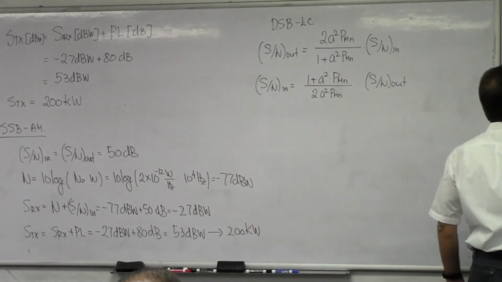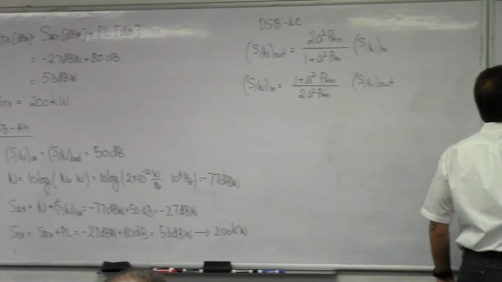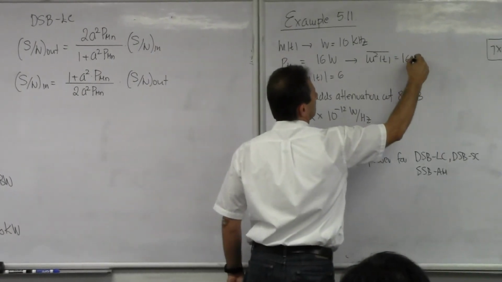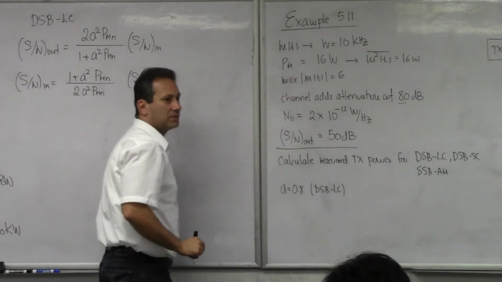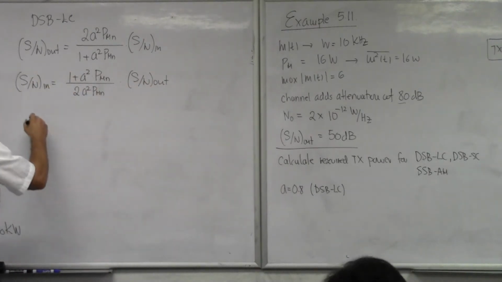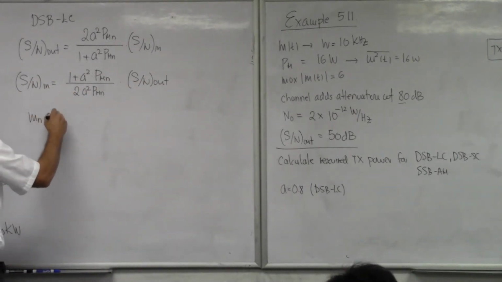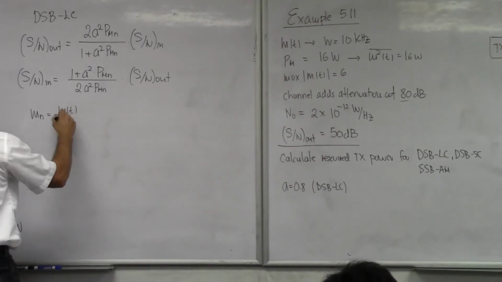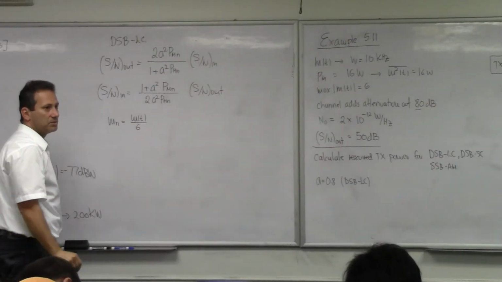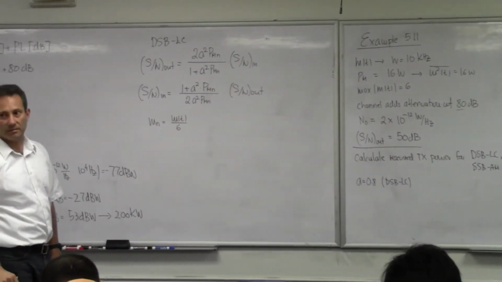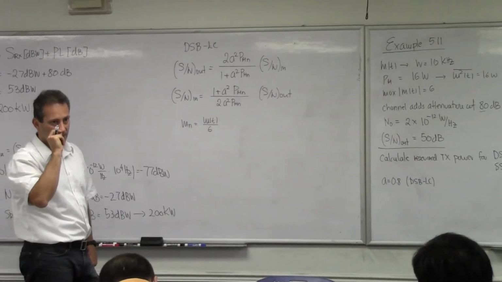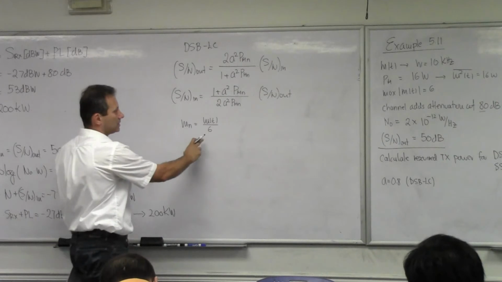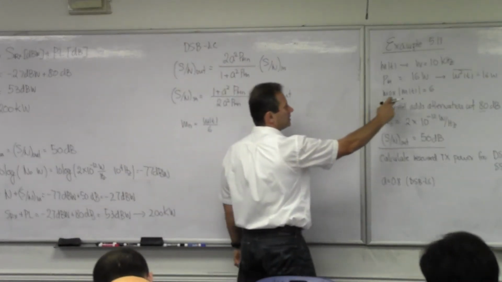I have that m squared of t is 16 watts, and I have that the maximum of the signal is 6. So what is normalized? It's going to be m of t divided by 6. This brings this signal back to range between -1 and 1. This number 6 is what will normalize this signal.